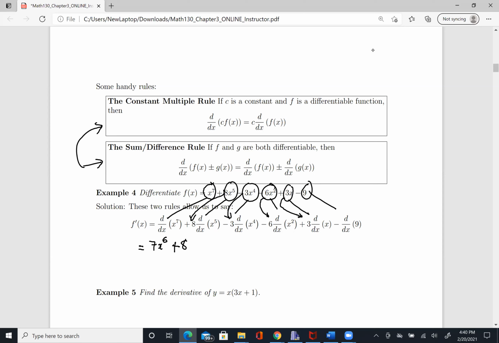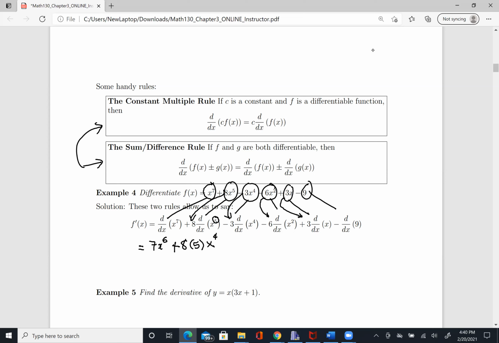Now take the derivative of x to the power 5. I take 5 and put it in front of x. That power 5 becomes the coefficient of x, and the new power is 5 minus 1, which becomes 4.